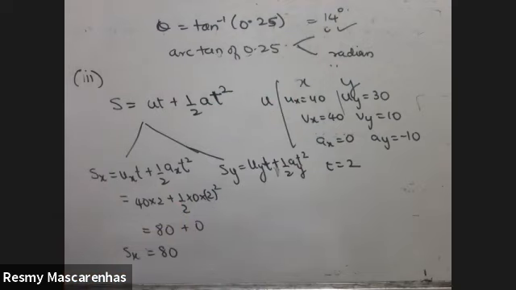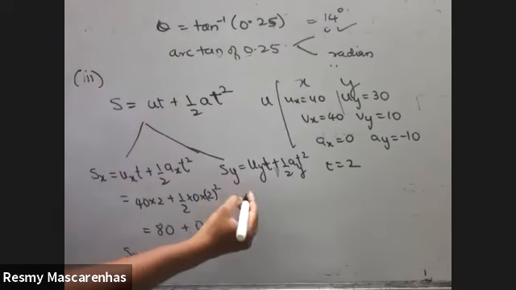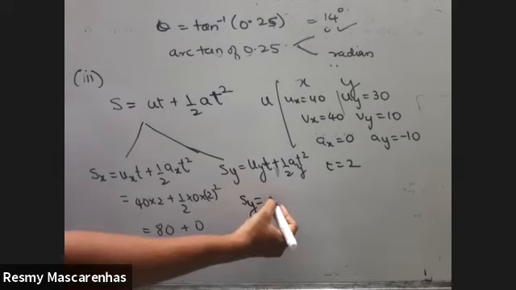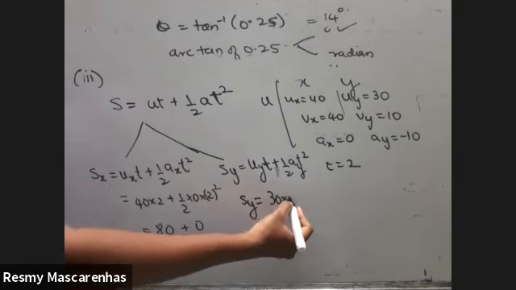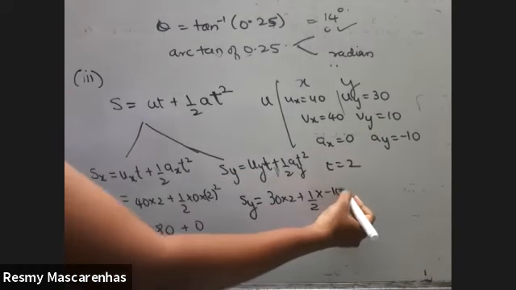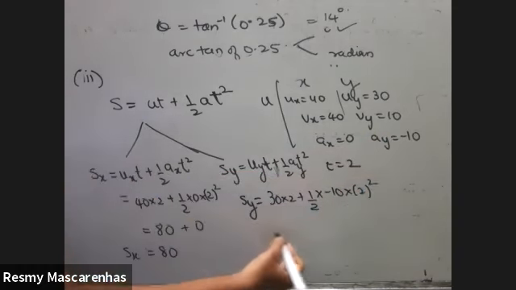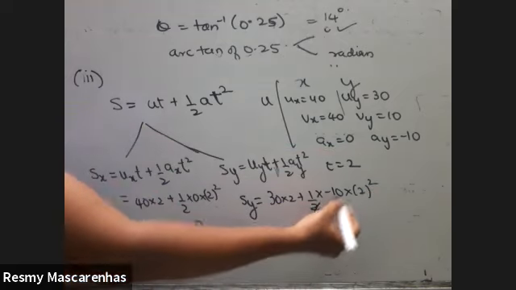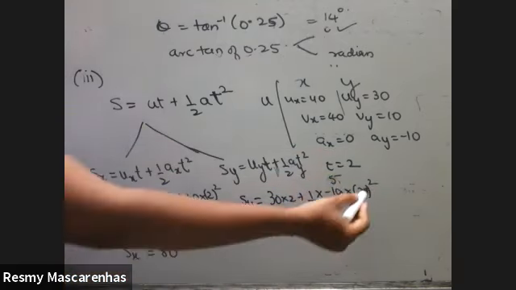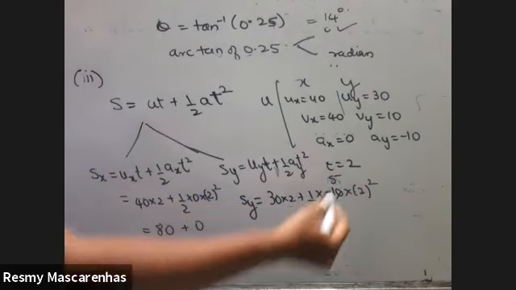Same way, put all the y values. This will be 30 times 2, which is 60, and ay is minus 10, half times 10 gives 5. 2 square is 4, 4 fives are 20.